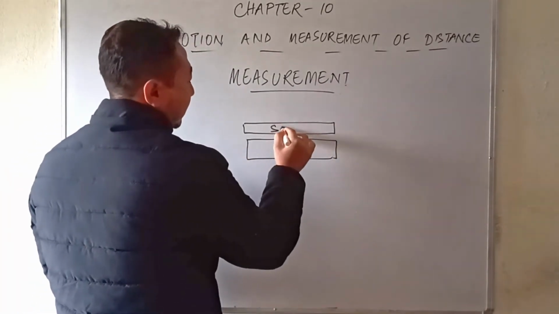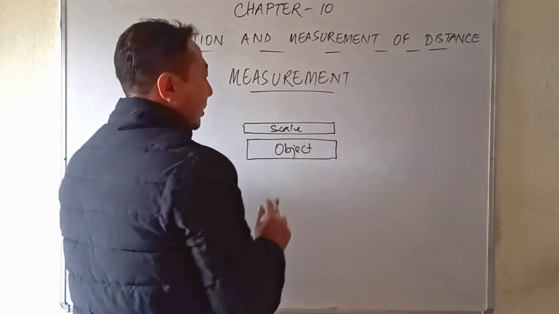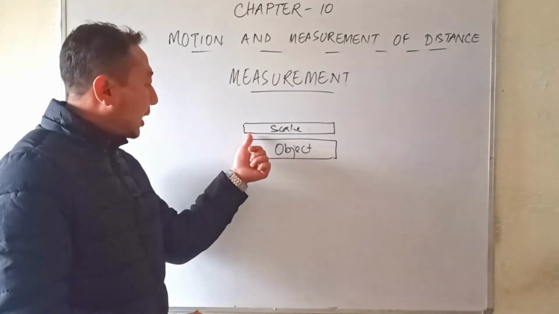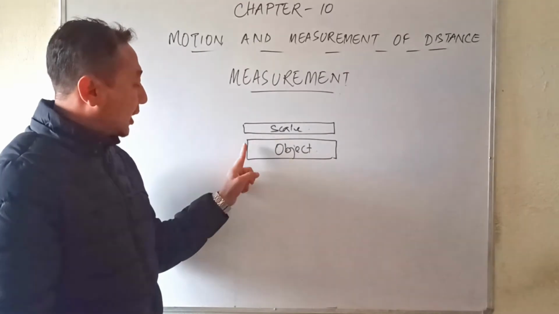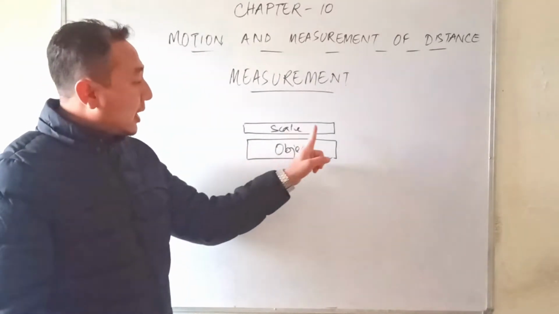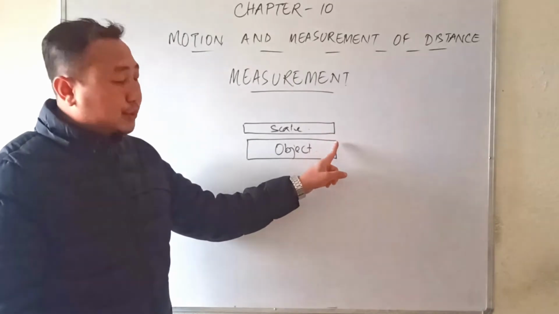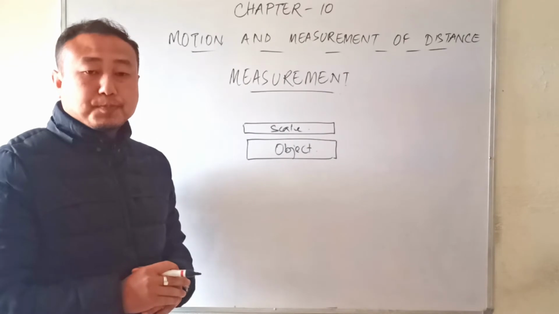Let us say this is the scale, this is the object. The scale should be kept parallel to this object, and after that we have to coincide the 0 marking of the scale with one end of the object, and the marking of the scale which falls on the other end of the object will be the length of that object.